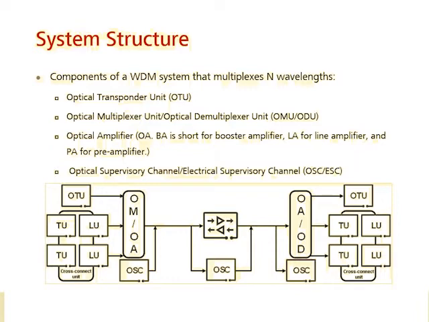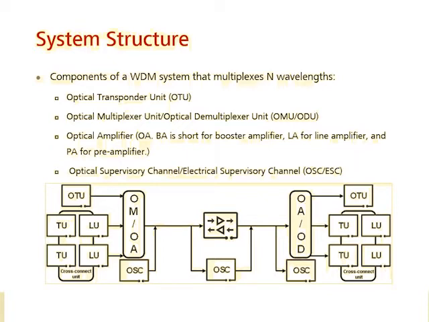We call it OA. But we also have one special case: the OSC channel will never be amplified by the OA unit, because if the OA unit fails, our OSC channel should still be okay. We can still get the information through the OSC channel.